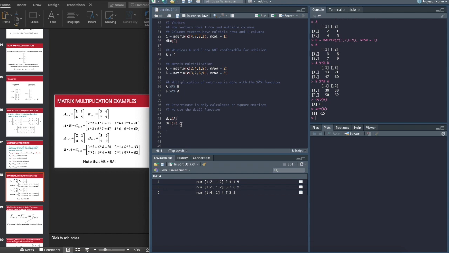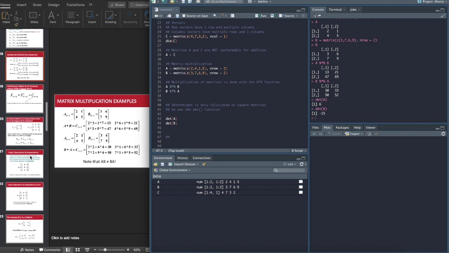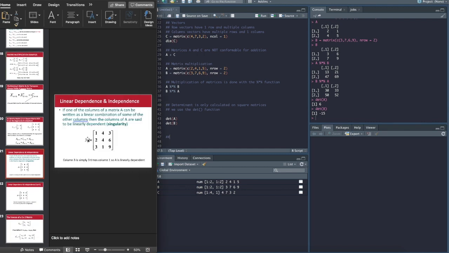But one thing to note is that when the matrix is linearly dependent, let me give you the example that we gave here. Matrix A has these columns, and column 3 is a singularity, which means that it is constructed out of the columns of another matrix.